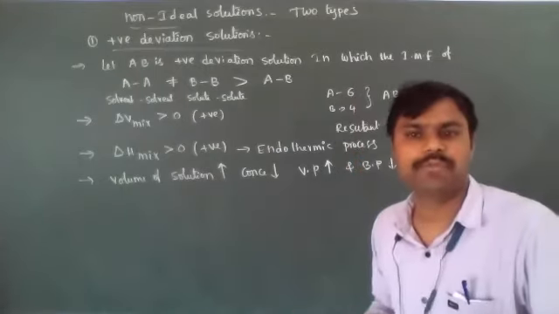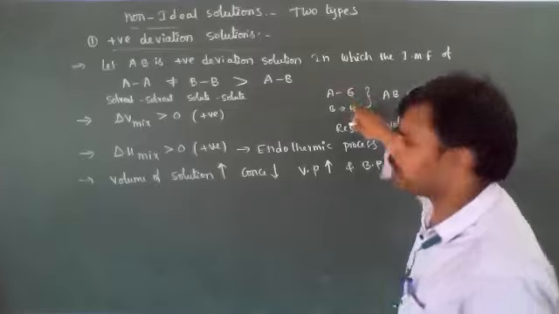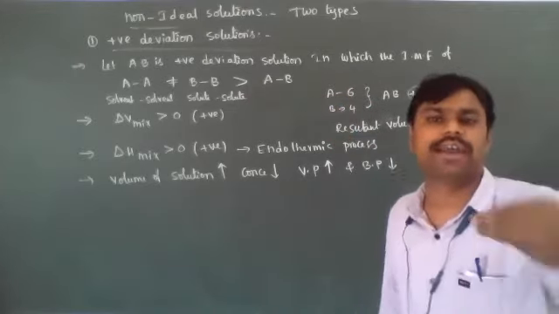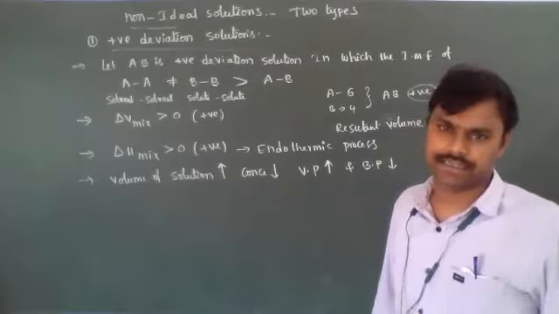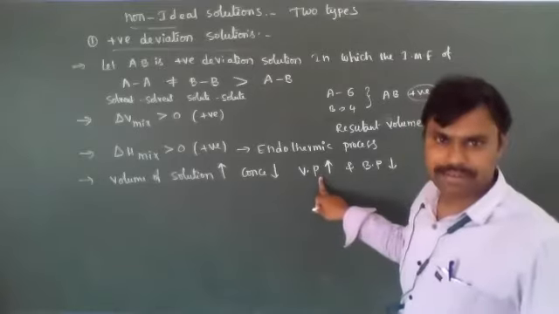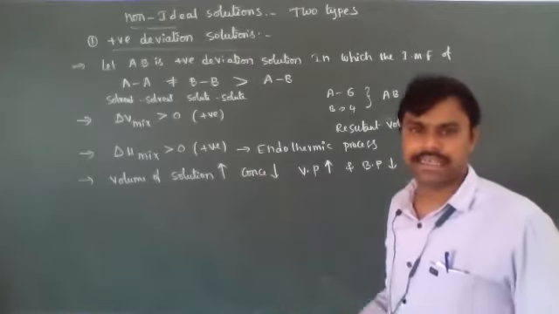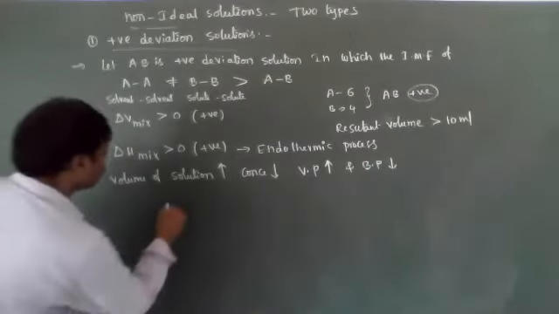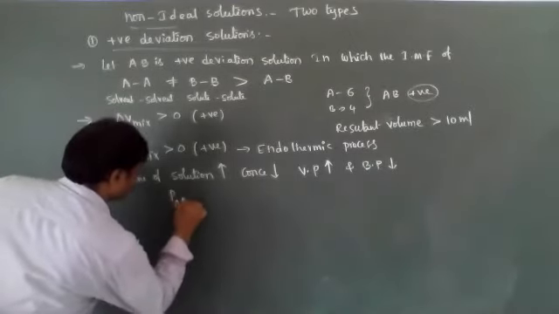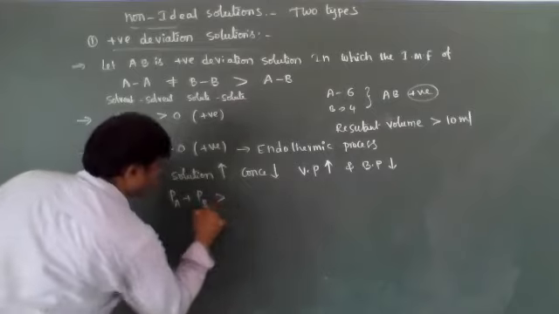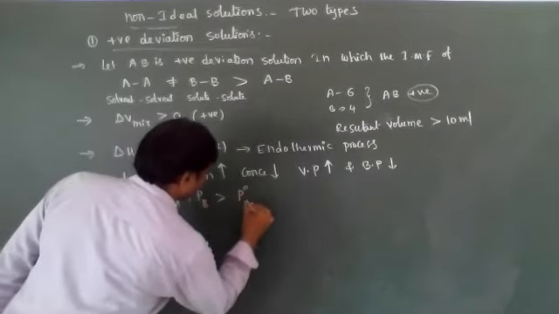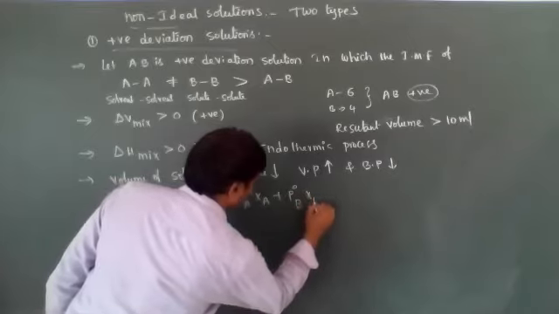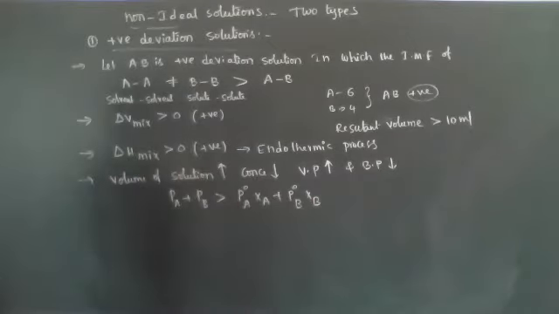The boiling point of the solution is less compared to the individual boiling points of solute and solvent. Vapor pressure increases because of the volume increase. That's why for the AB solution, the total vapor pressure PA plus PB is more than P naught A into XA plus P naught B into XB.